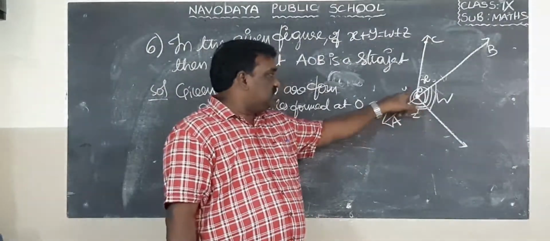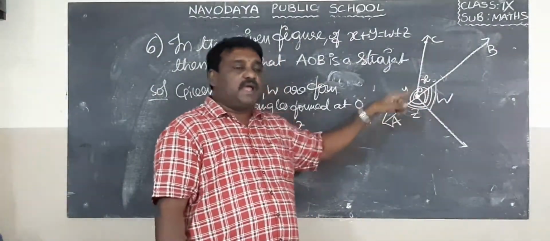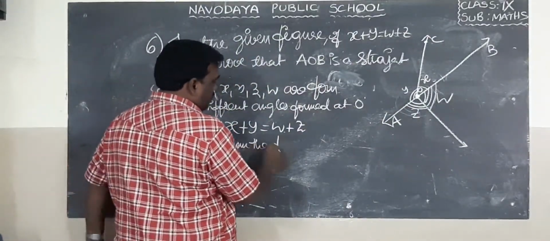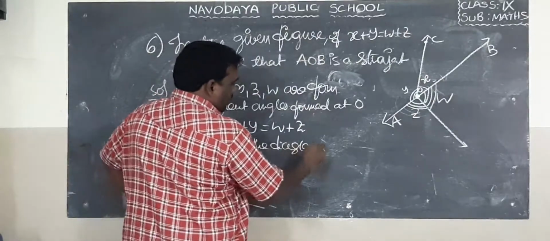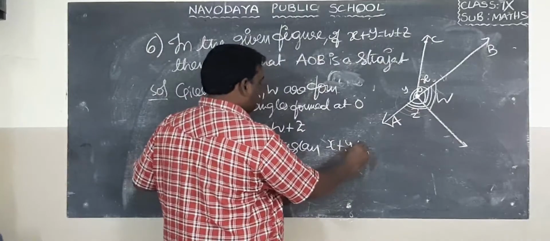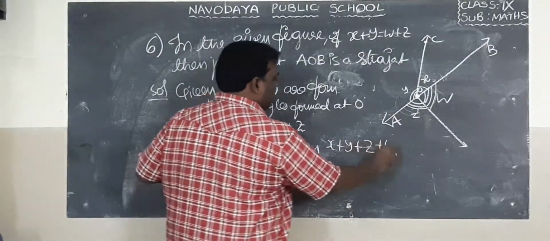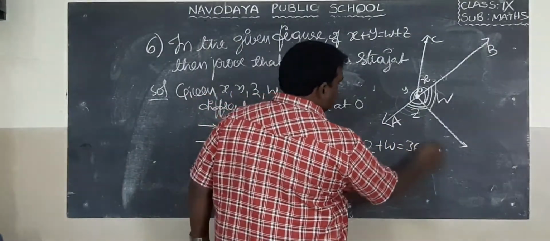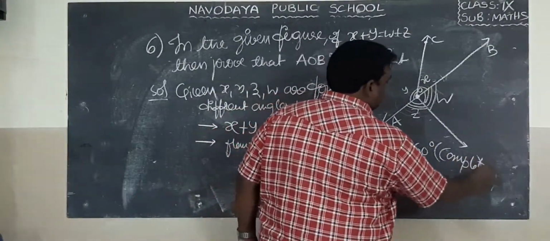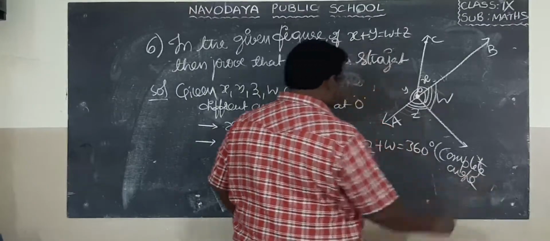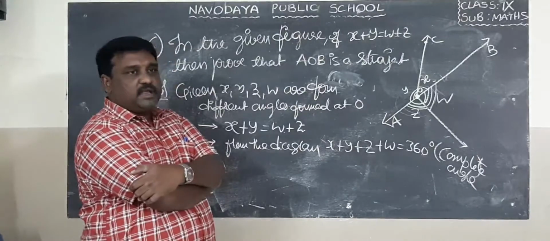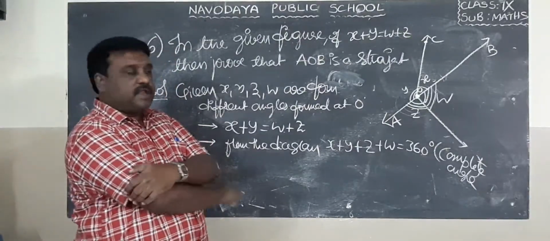From the diagram, x plus y plus z plus w equal to 360, complete angle.